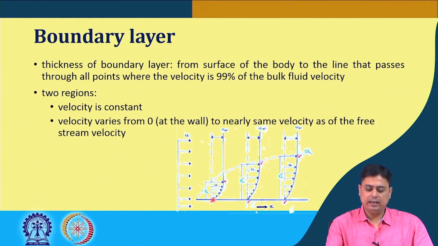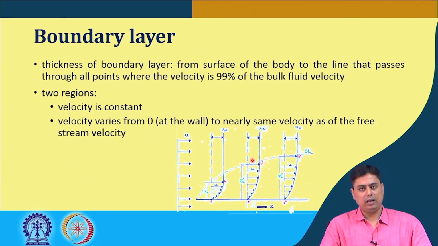As I said, these velocity profiles are asymptotic, so they never reach the actual velocity. So we typically take the points where 99% of the bulk fluid velocity is reached. Here the velocity is profiled like this, and at this point the velocity is 99% of the bulk or approach velocity. There we select the point.